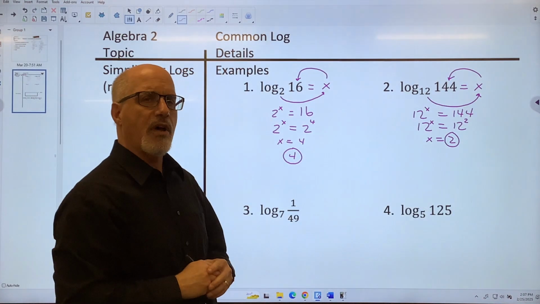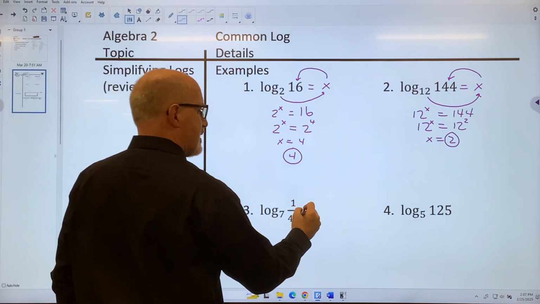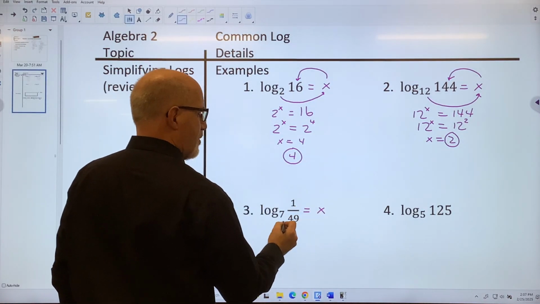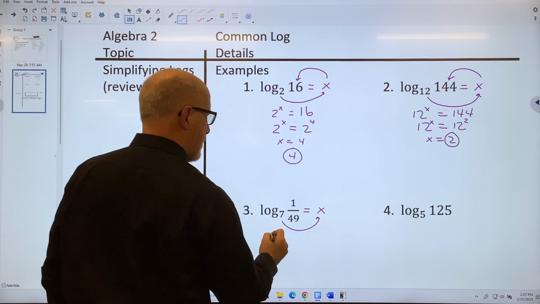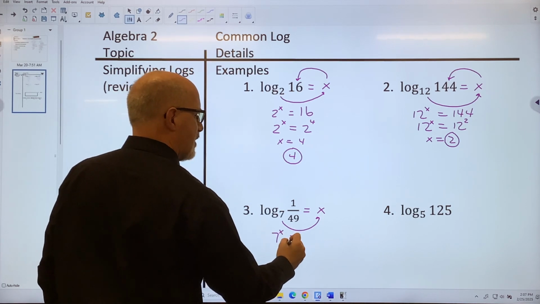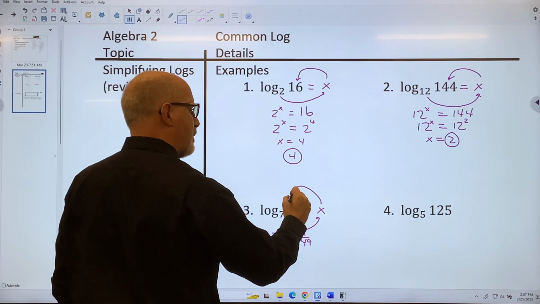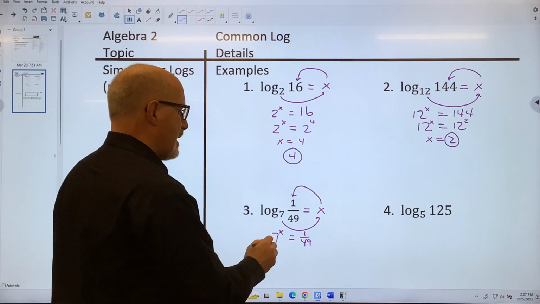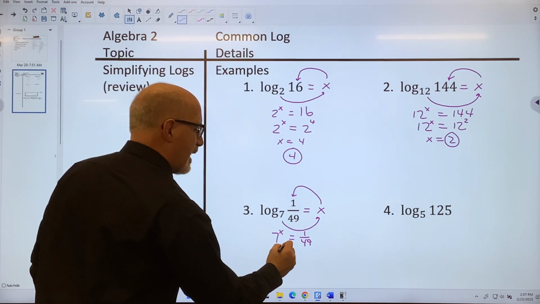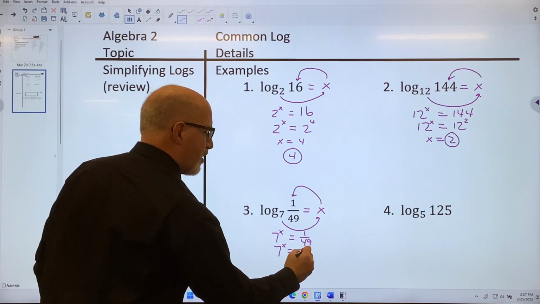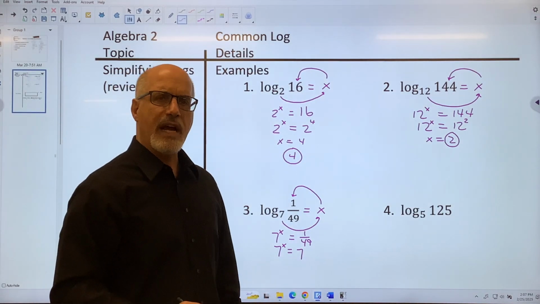Now let's do one with log base 7. Again, if we set it equal to x, we do 7 to the x power is equal to 1 over 49. Now we've got to figure out, when you have a denominator, what does that do with our exponent?